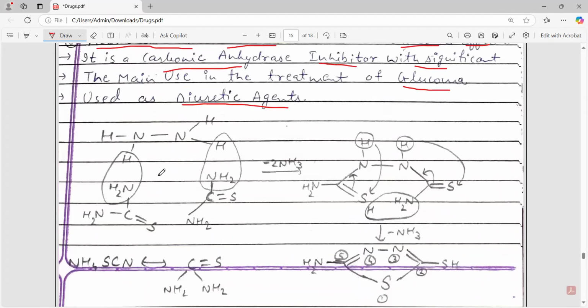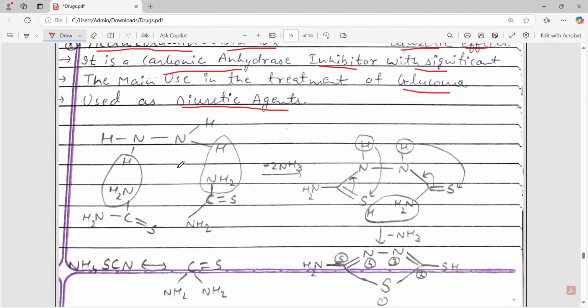Here is hydrazine hydrate, that means NH2-NH2.